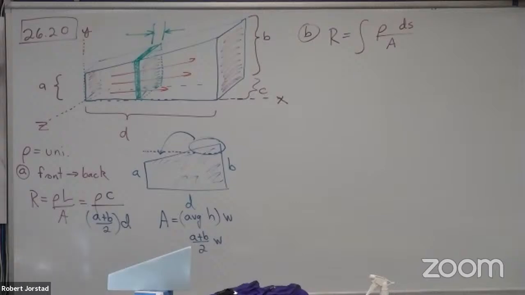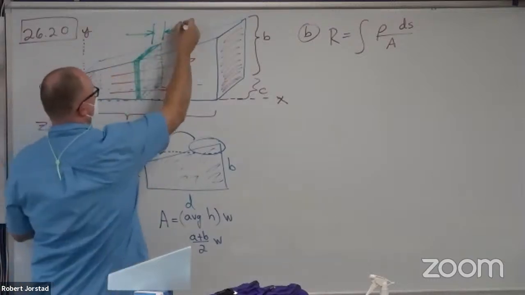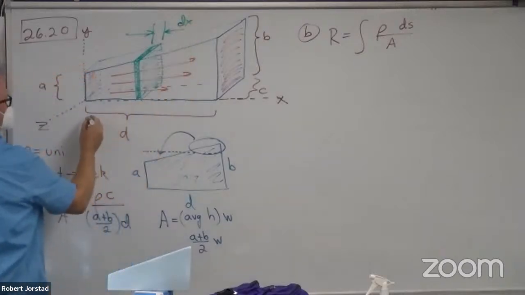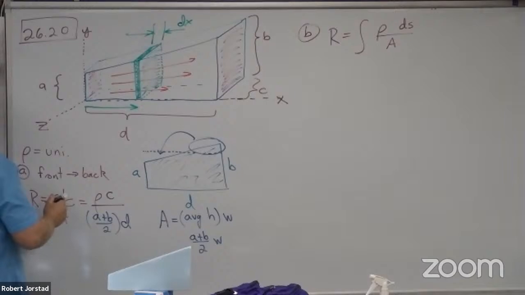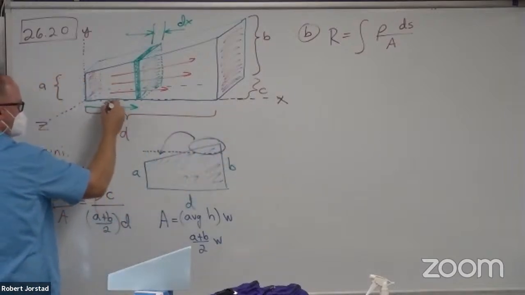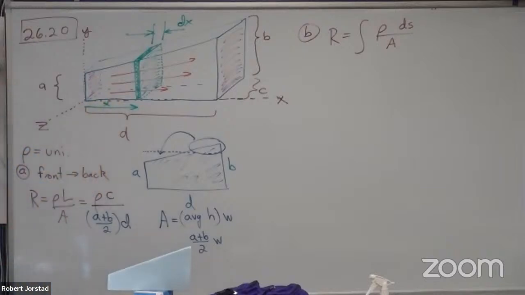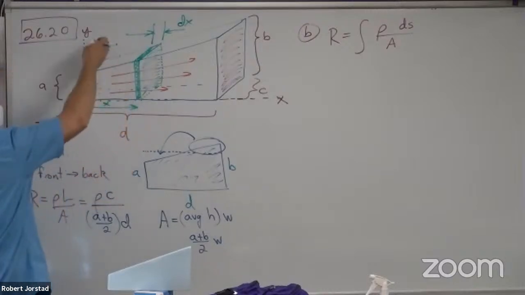All right. So tell me again, what's this dimension? Dx, a small amount in the x. What's a good name for this distance here? X. I'm going that way. That's in the x direction. Why don't we just call the distance from the origin along the x-axis x? What's a good name for this height?